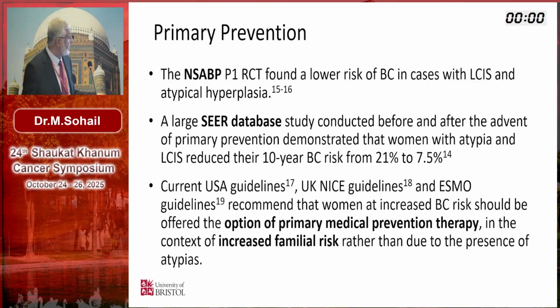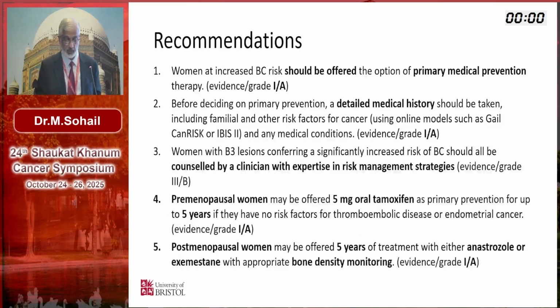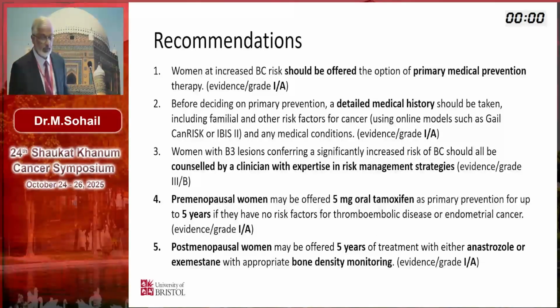At the moment, whether it's the UK NICE guideline or the ESMO guidelines, they only recommend primary prevention in increased familial risk and not for B3 lesions yet. But these guidelines recommend that they should be offered primary medical prevention, i.e. anti-estrogen treatment.